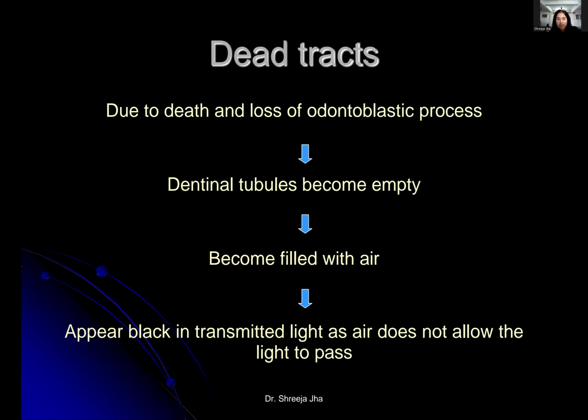Now, what are dead tracts? Due to death and loss of odontoblastic process, dentinal tubules become empty. As it becomes empty, it becomes filled with air, and as it is filled with air, it appears black in the transmitted light. Air does not allow the light to pass. So these are your dead tracts.